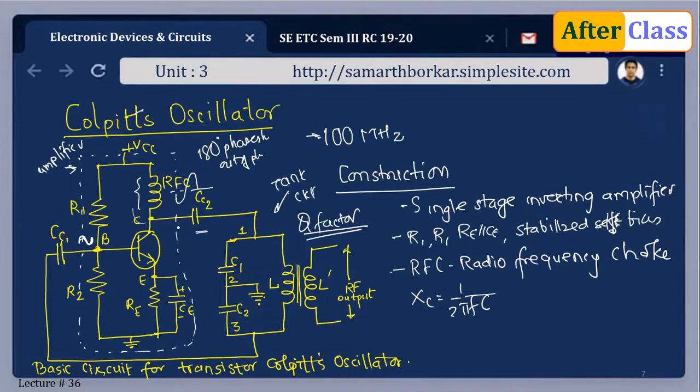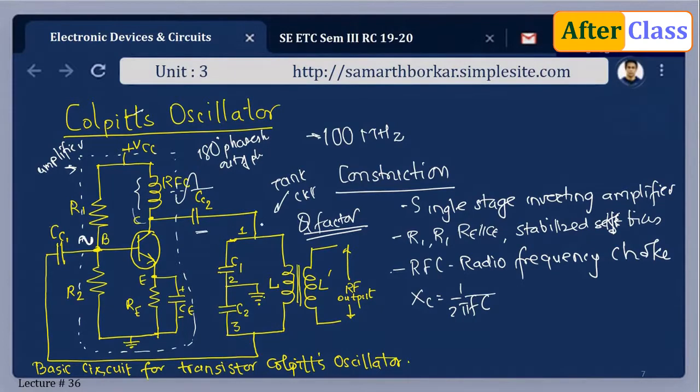So the joining link here is the capacitor. So it is a capacitive coupling through the capacitor CC2.